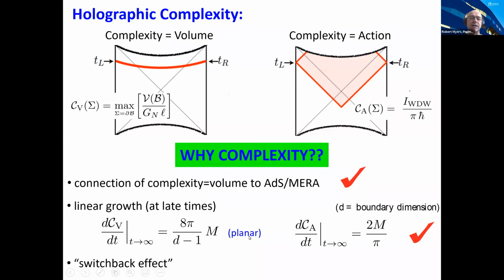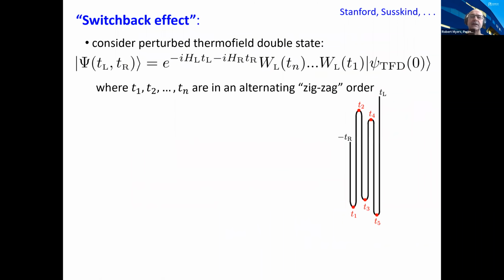So that's the first two. The last one is the switchback effect. Here, what I'm going to imagine is I'm time evolving my thermofield double state, but I'm also perturbing it with operators, these W's. And I'm not going to do this in a conventional way, where you may think, well, I start at time 0, I evolve for a while, I make a perturbation, I evolve a little bit more, I make another perturbation, et cetera.